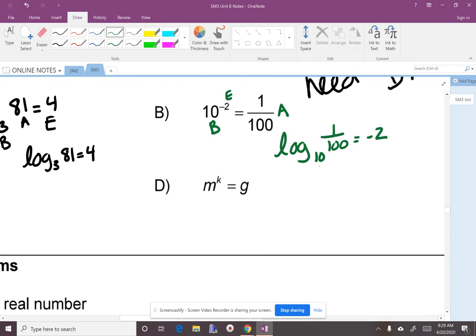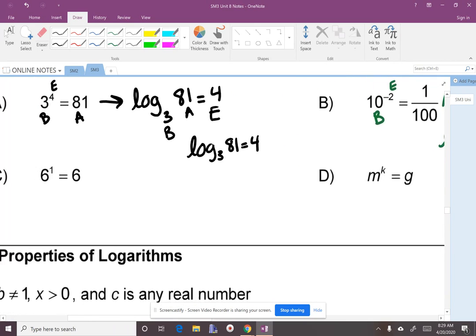The better way to write it, because it's log base 10, we would just say log of 1 over 100, because that is the common log that has base 10, so they don't write it. You can write it either way. This one's technically better than the other one, but they mean the same thing, so we don't need to get really picky about that. Okay.